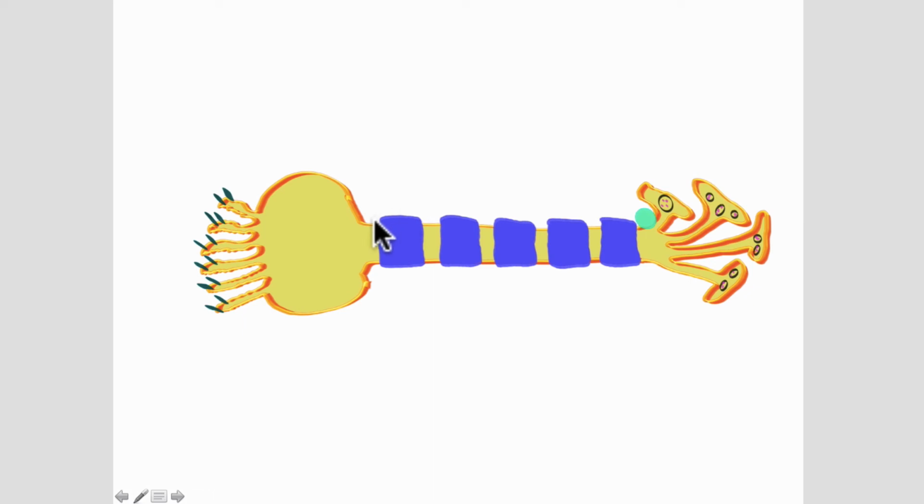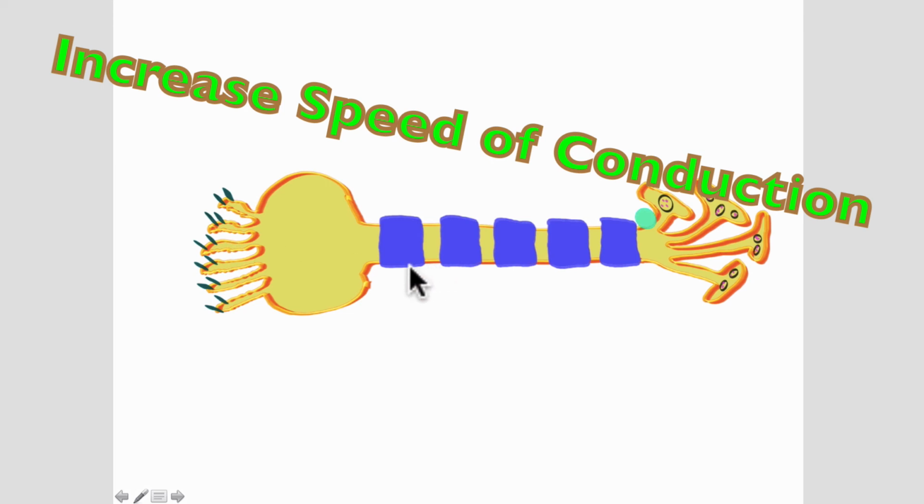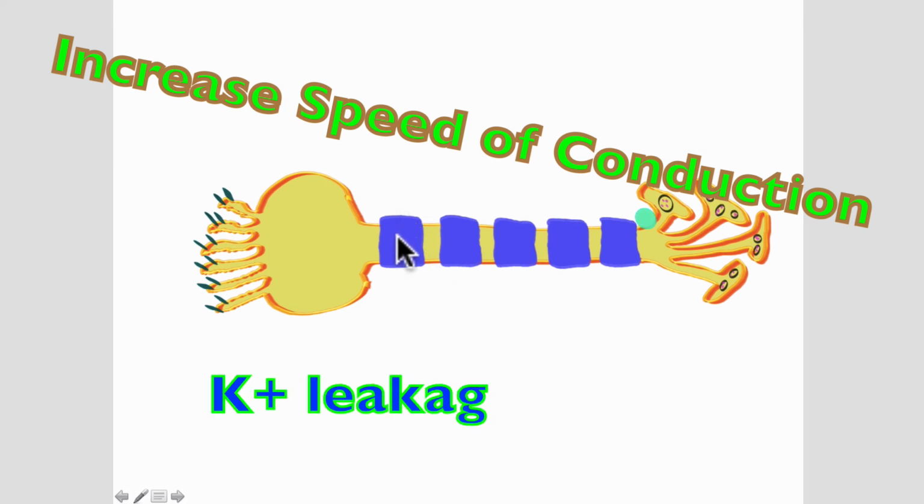They increase conduction speed because the voltage jumps from one node to the next, rather than having to depolarize every square inch of this axon. And they also prevent potassium leakage out of the cell. By preventing potassium leakage out of the cell, they allow for maintenance of the depolarization event.